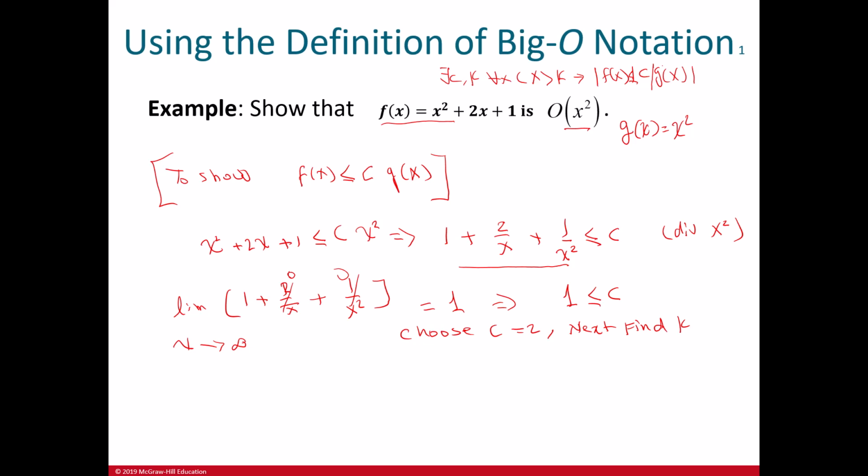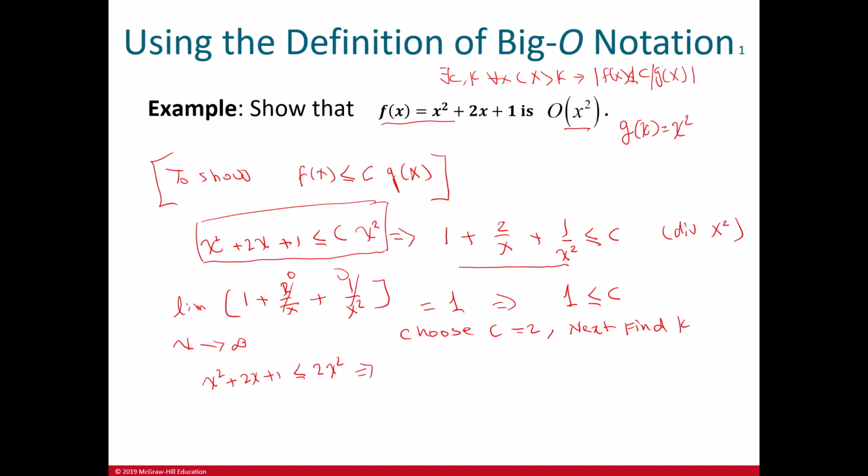We go back to this equation here, but now I have the c: c is equal to 2. So we now have x^2 + 2x + 1 less than or equal to 2 times x^2.